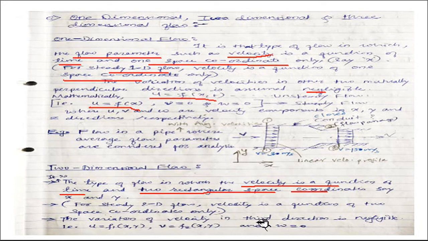The variation of velocity in the third direction is negligible. It is almost equal to 0, so w is equal to 0. So u is some function f1 of x and y coordinates. If it is not a function of time, it means it is a steady 2D flow. Similarly, the v velocity is a function of x and y.